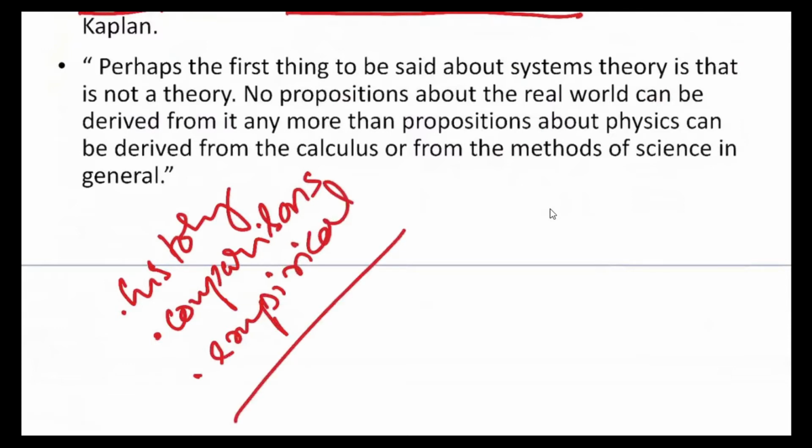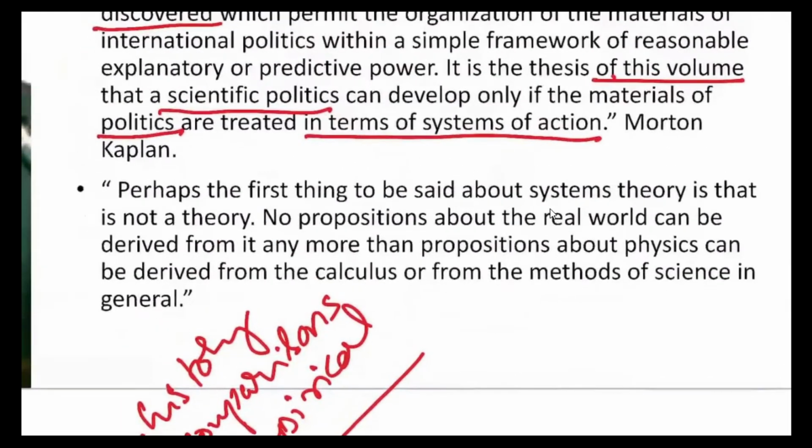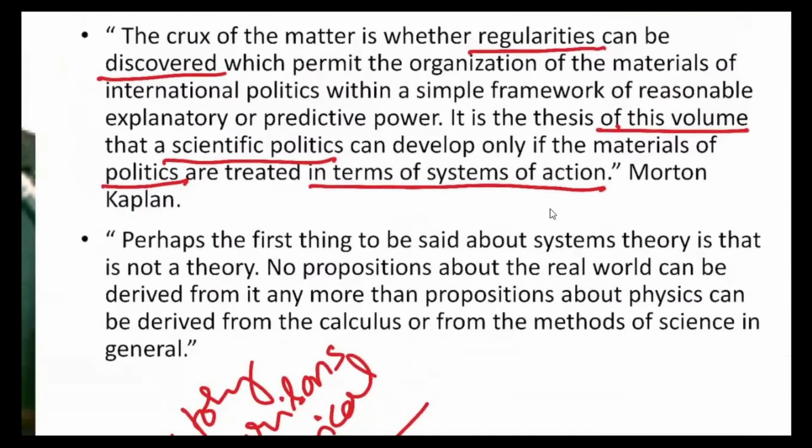You get the data, like Walter gets the data on brain from the study of the brain. You study history, international relations, and get the data. And you fit the data in terms of systems of action. That's how you build the models to derive the theory.